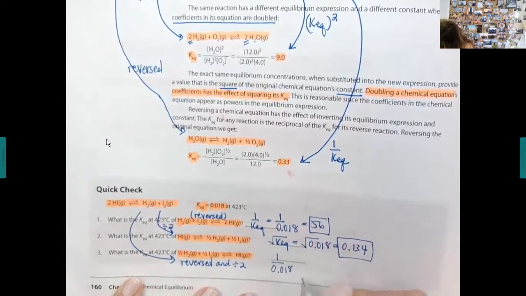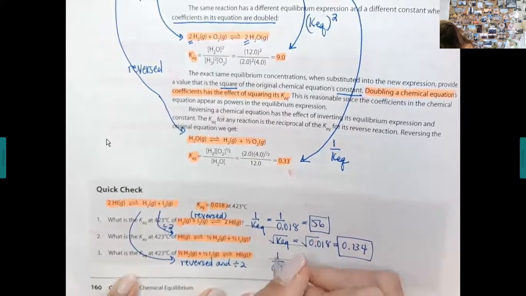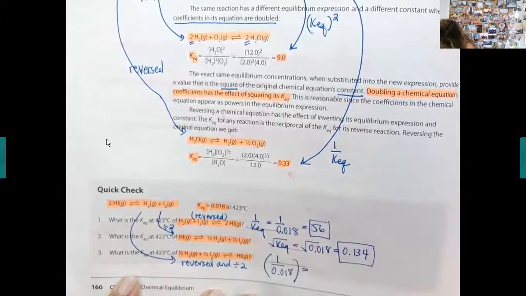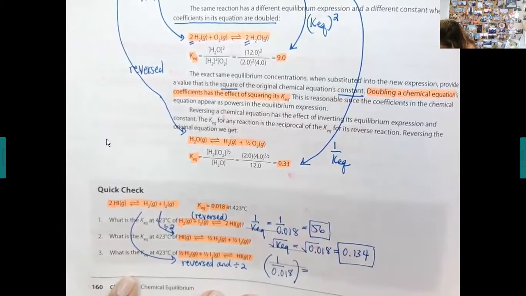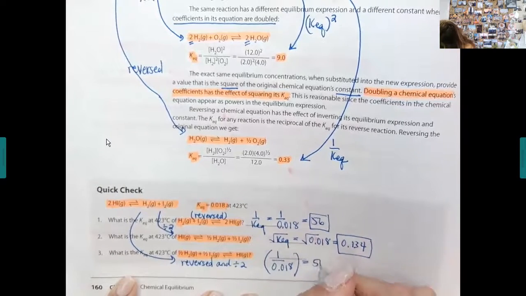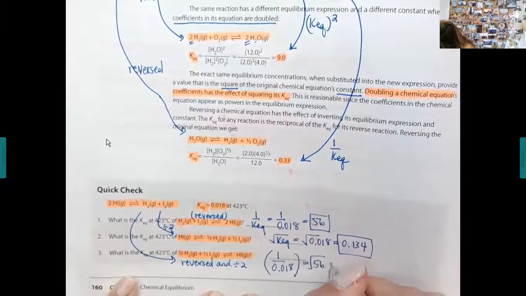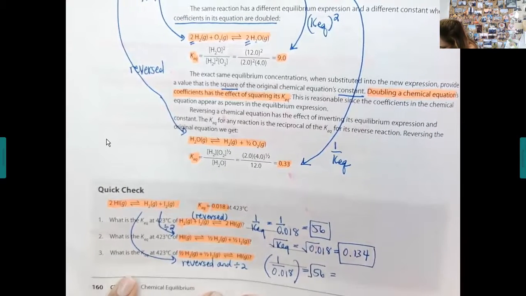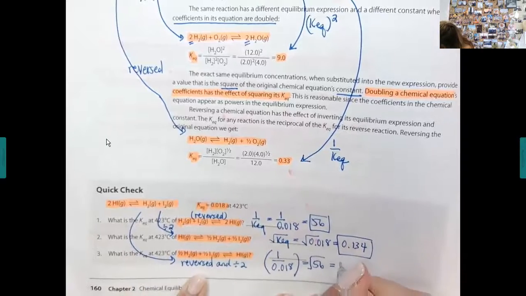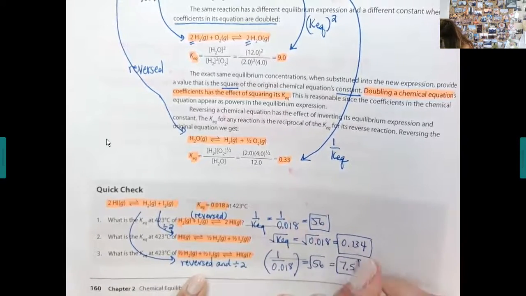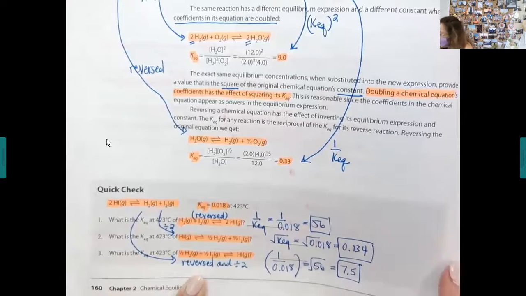Then you would take the square root. So you would do this first, which is 56, and then you would take the square root. And you're going to get 7.48. I'm going to make it 7.5.